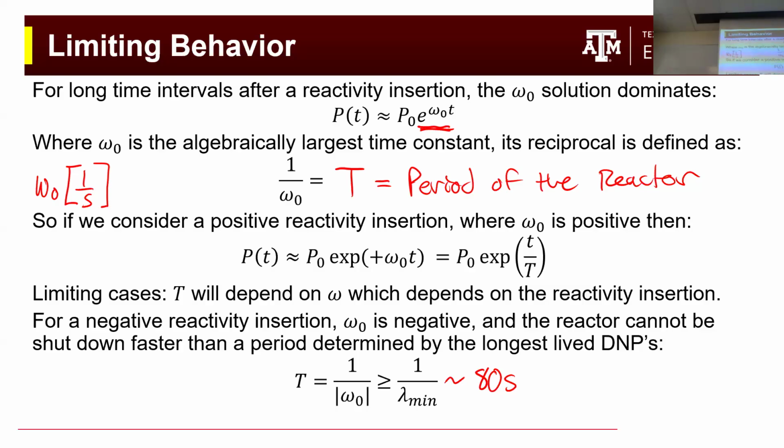If we had a negative reactivity insertion at 0, then like you're saying, there'd be a little bit of a prompt drop from that. And then we would have an exponential decrease. And all we're saying with that time constant is that if this is capital T, then going from 0 to T, the height of my graph has dropped by a factor of e. Okay, yeah, that makes sense.